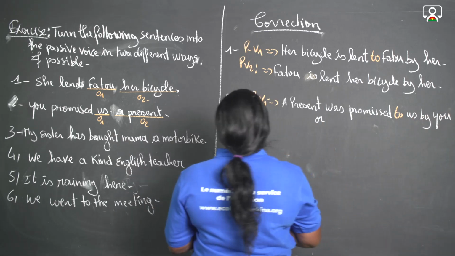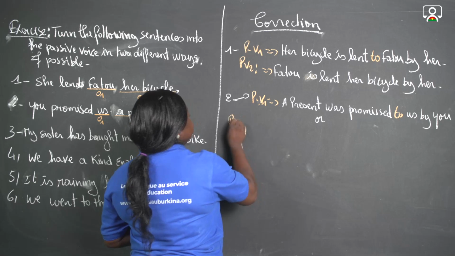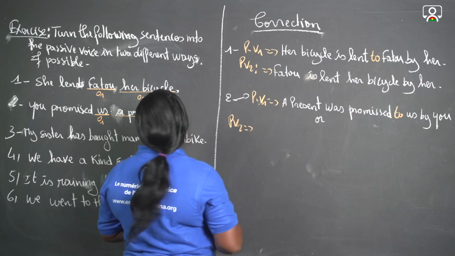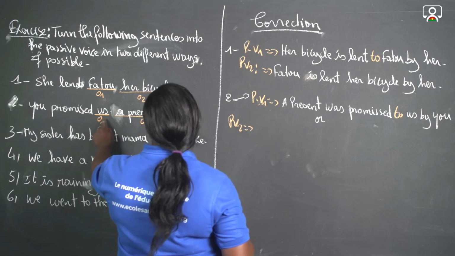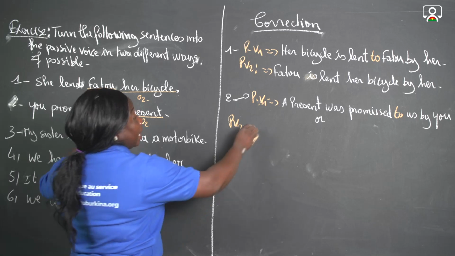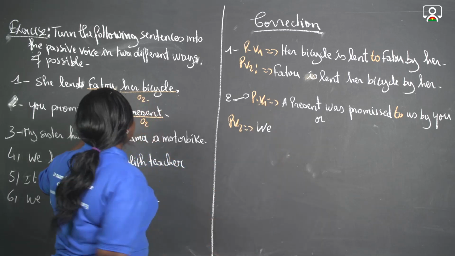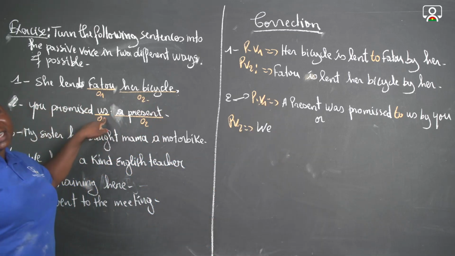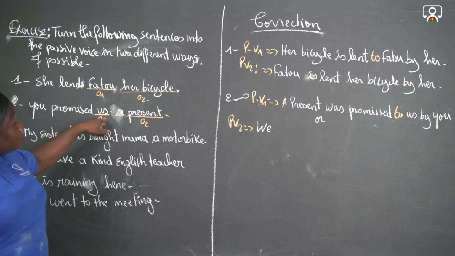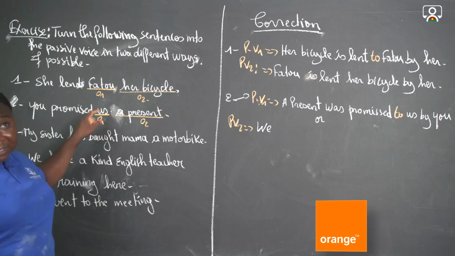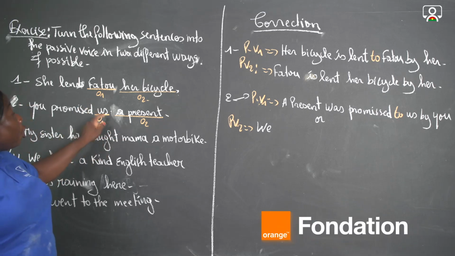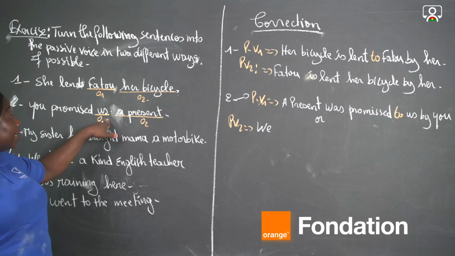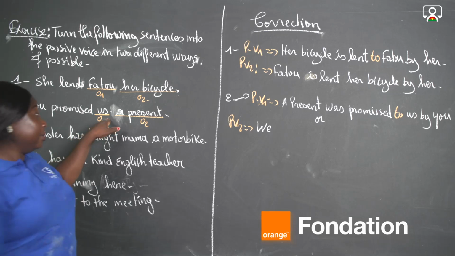Or, it is the same thing, passive voice 2. We start with us, the us that will become we, because we said that in the active voice, the personal pronoun subject becomes object in the passive voice and vice versa.